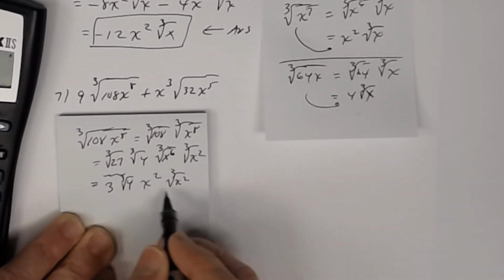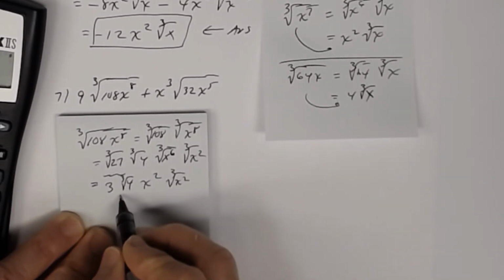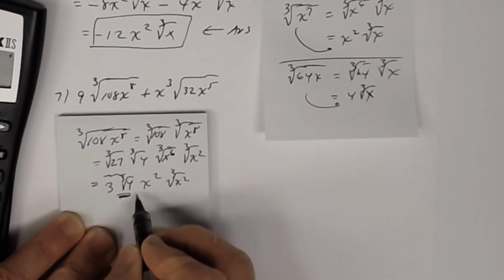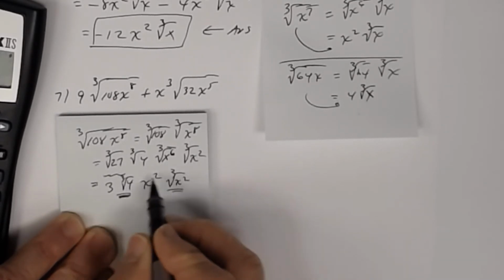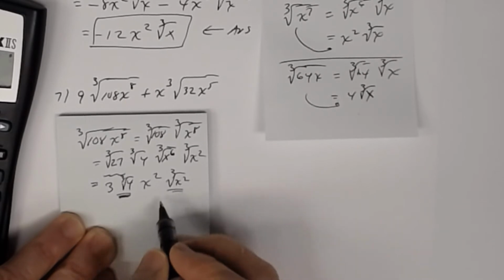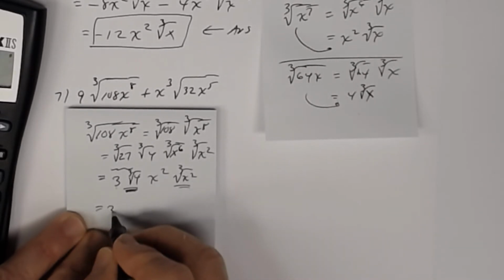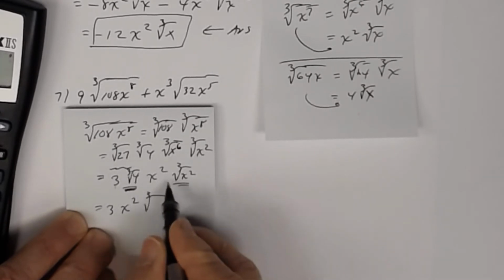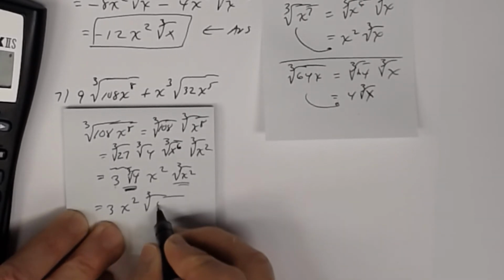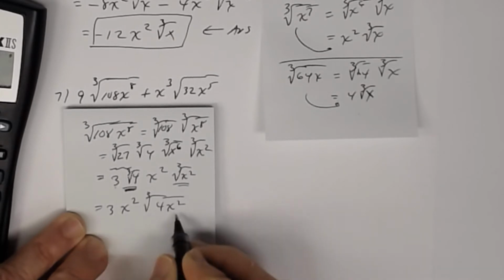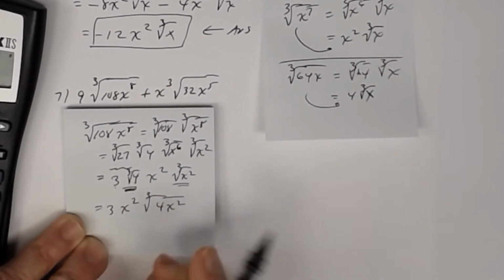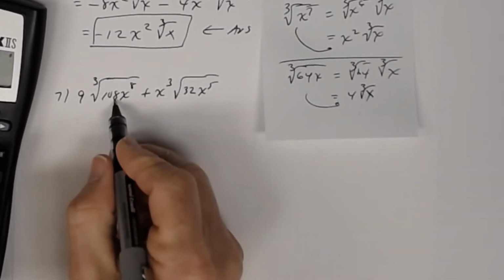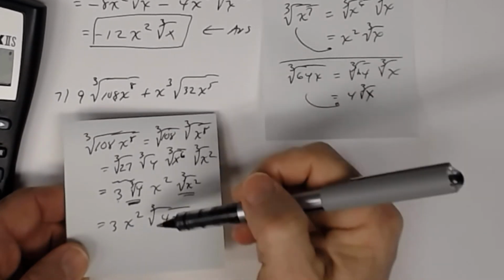All right. Now, you don't want to write it like this, because when you're multiplying radicals and the indices are the same, you can write it as one radical. So this becomes 3x squared times the cube root of 4x squared. So that is this.